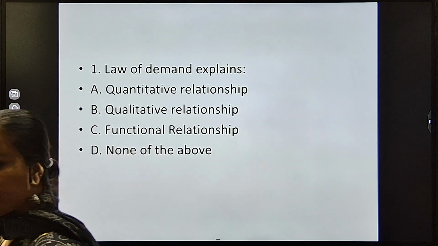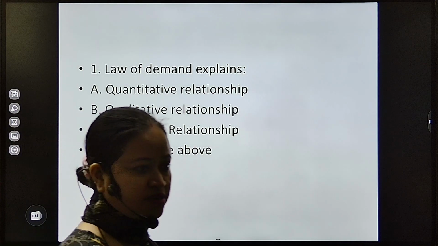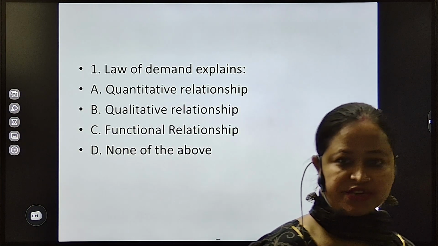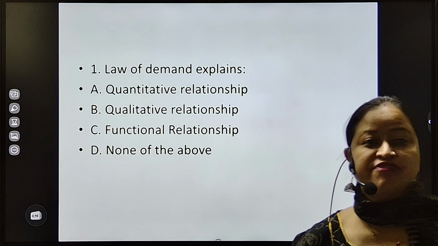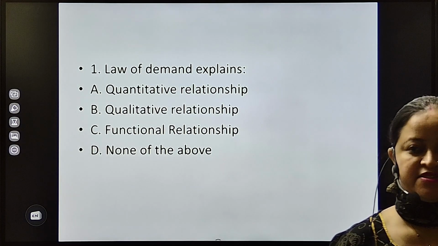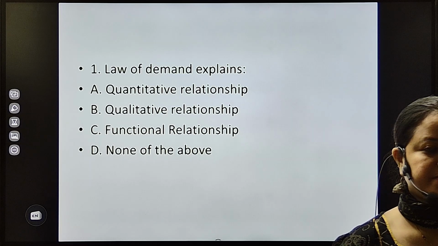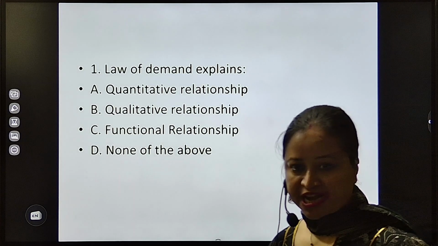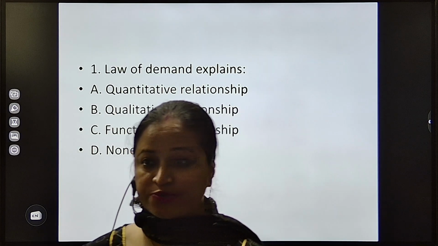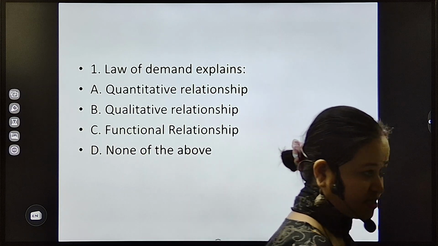You tell me, what are the factors affecting demand? One factor you have told, price. So the own price of the product is one of the factors. Then the price of related goods.